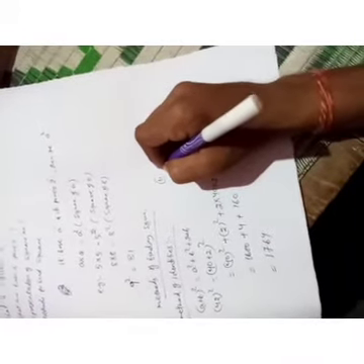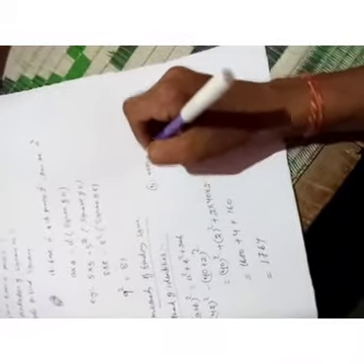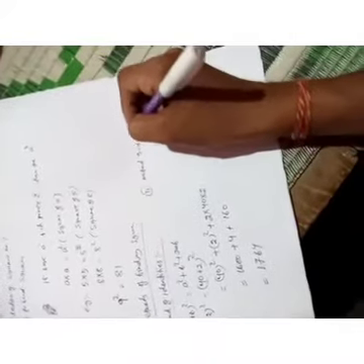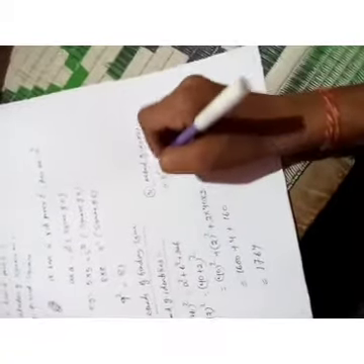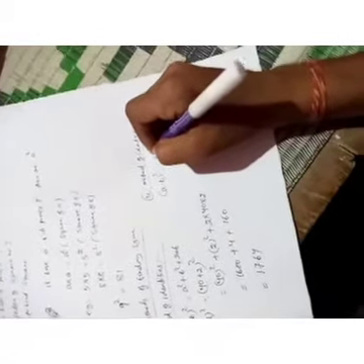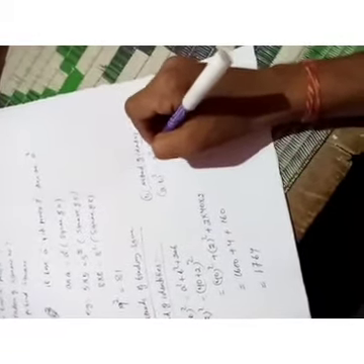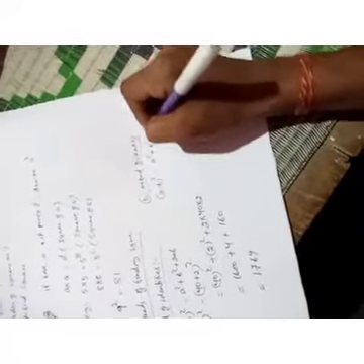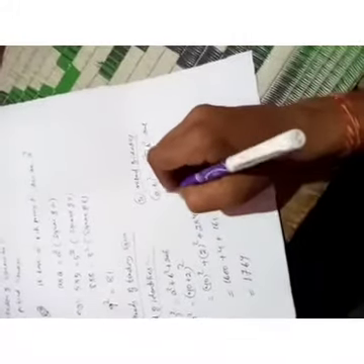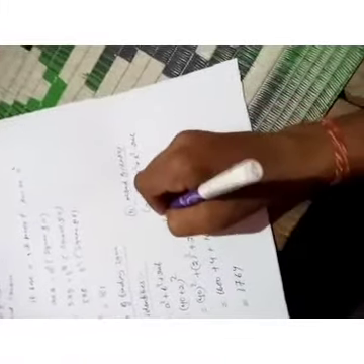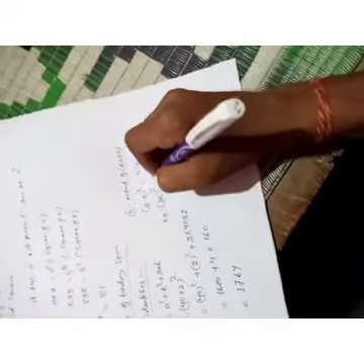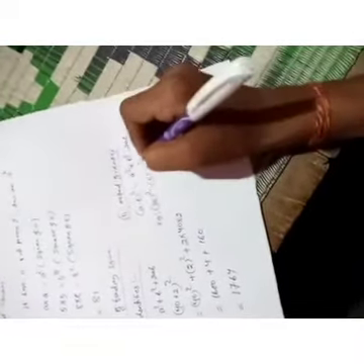Another method of identities is a minus b whole square, which is a square plus b square minus 2ab. In that we can calculate, for example, 38 square as 40 minus 2 whole square.